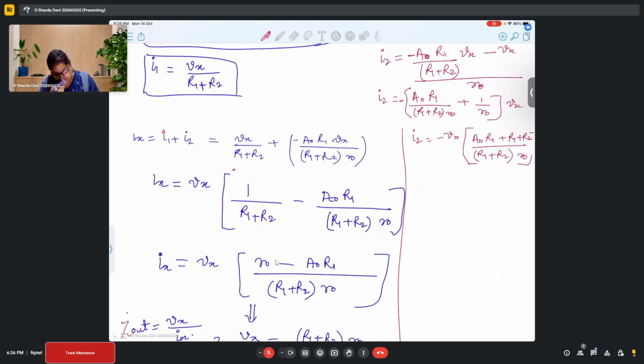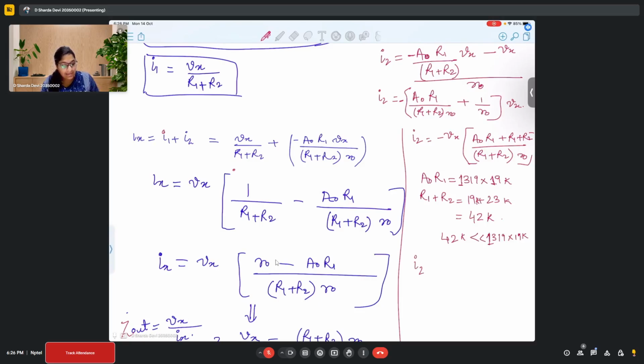Now here also, if you observe, A naught into R1 is 1319 into 19K, and R1 plus R2 is 19 plus 23, that is 42K. Here 42K is much less than 1319 times 19K.